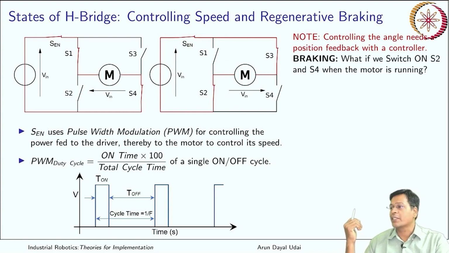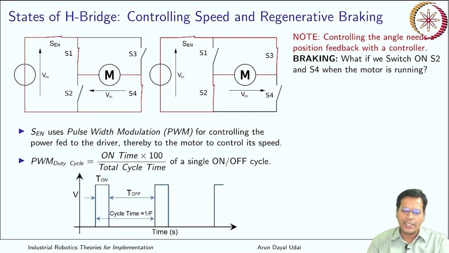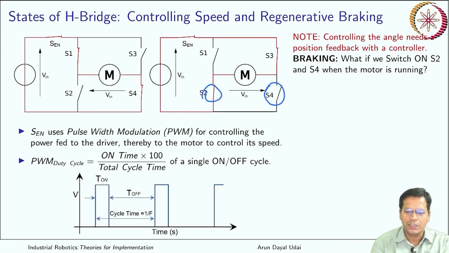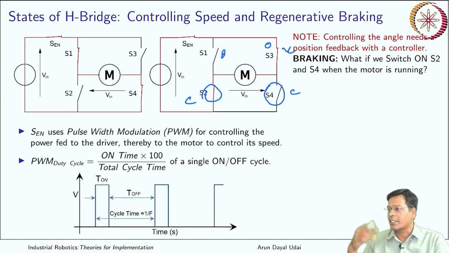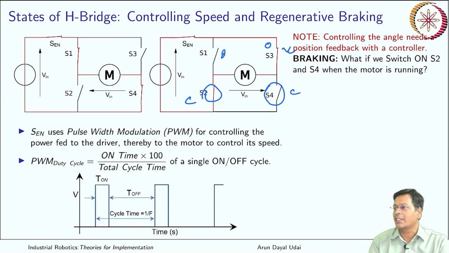Now braking: how can you achieve braking using such a system? Can you imagine if you close this switch and this switch, and keep these open? What will happen? If the motor is continuously running, it behaves like a generator.